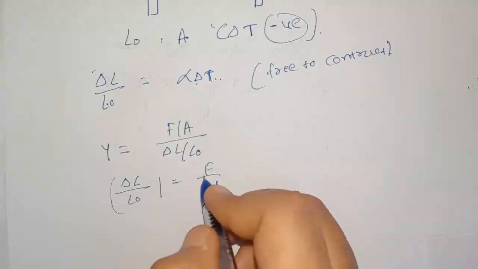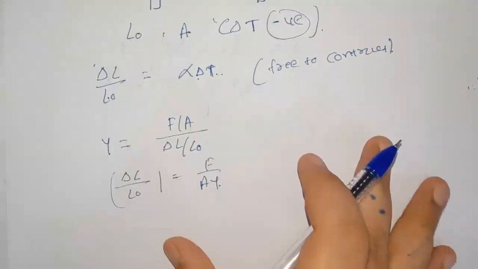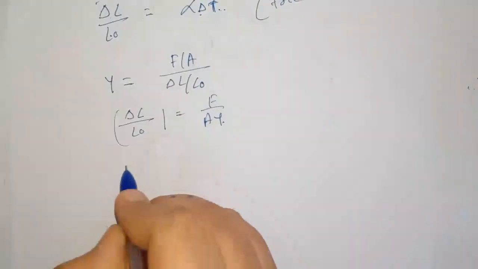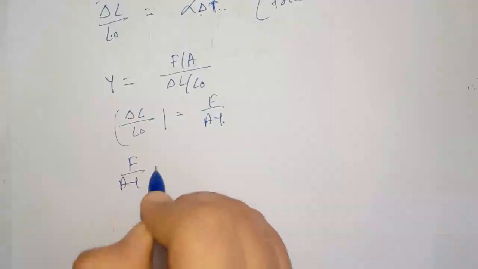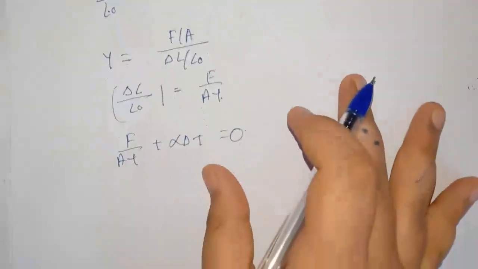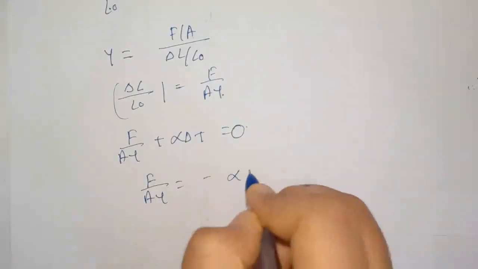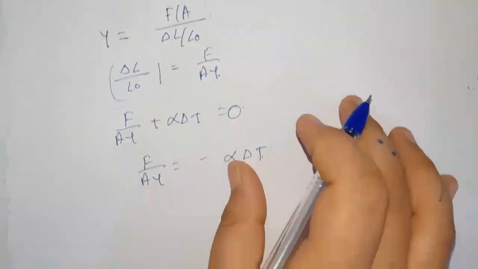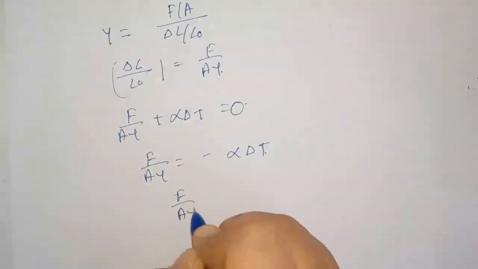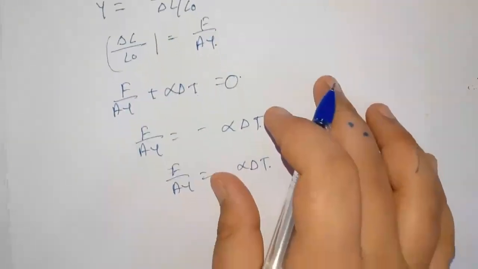If the length has to be constant, the total fractional change should be 0. So, we can write that F upon AY plus alpha delta T is equal to 0. So, F upon AY is equal to minus alpha delta T. But delta T is negative, so simply F upon AY will be equal to alpha delta T. Now, delta T will be positive.